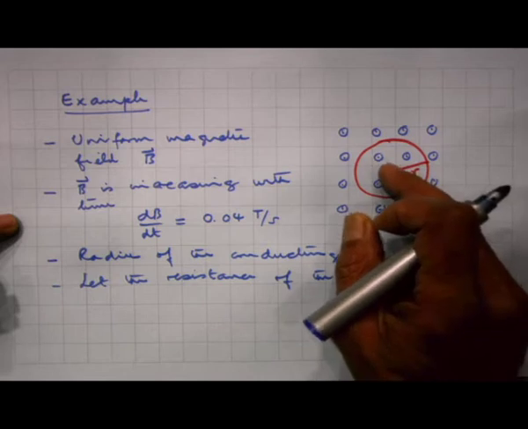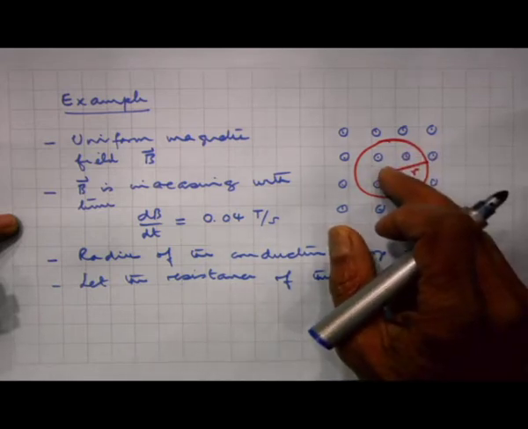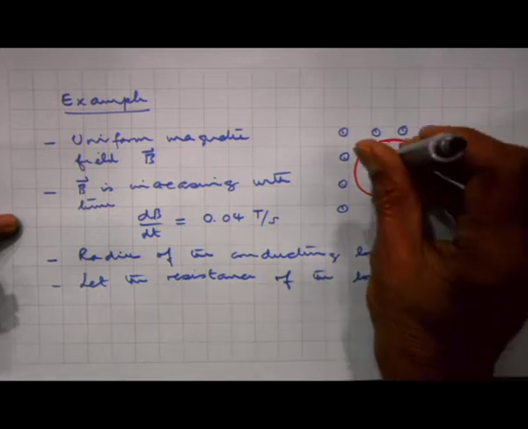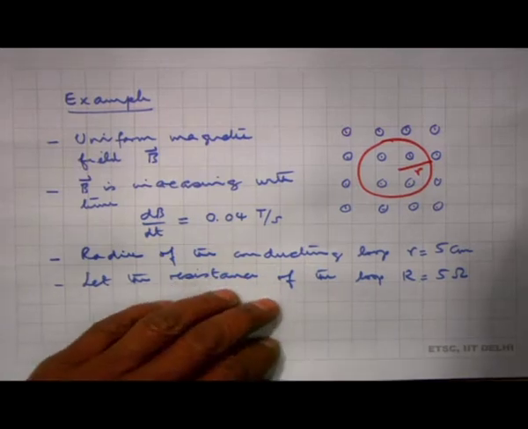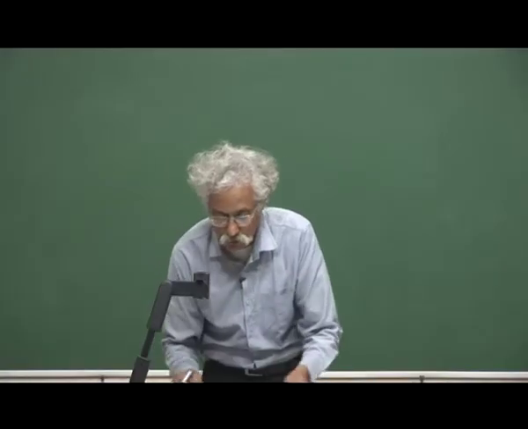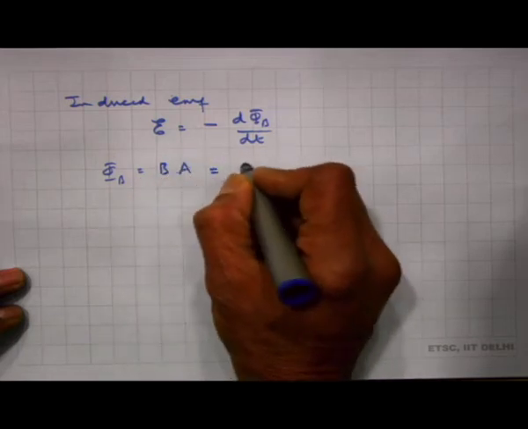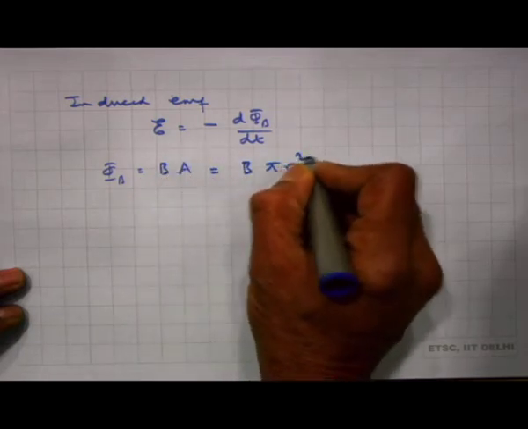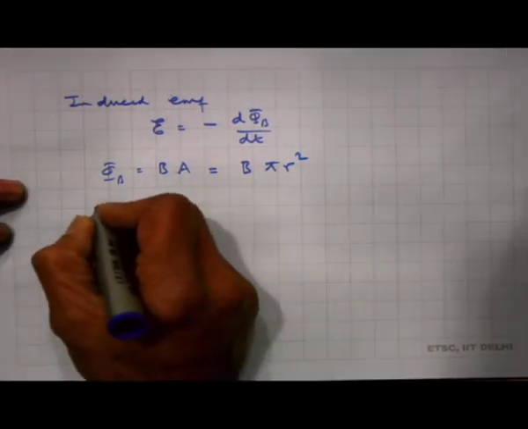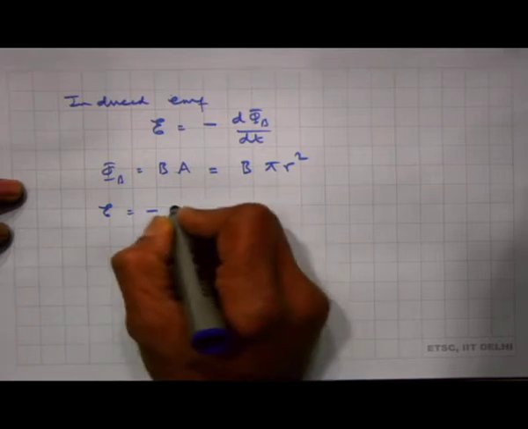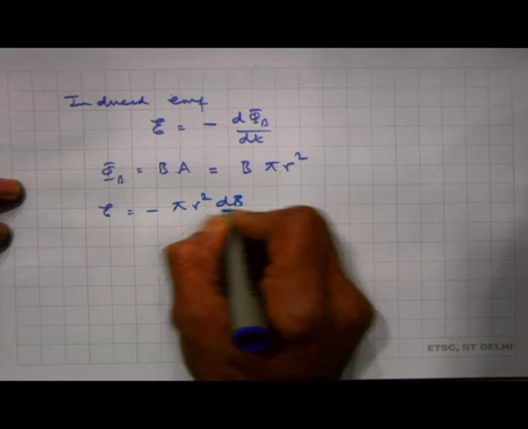I am going to assume that the area vector is pointing towards me, in the same direction as the magnetic field, so the magnetic flux is positive and given by B times A, which is B times pi r square. So, the induced EMF is equal to minus pi r square dB by dt.